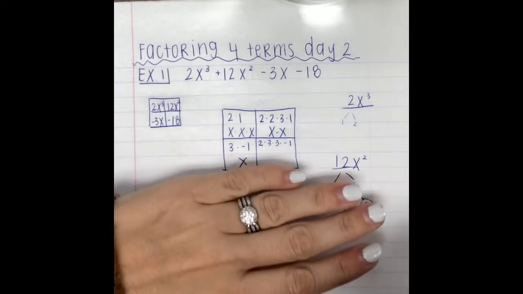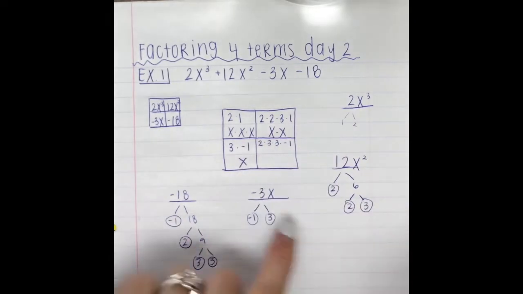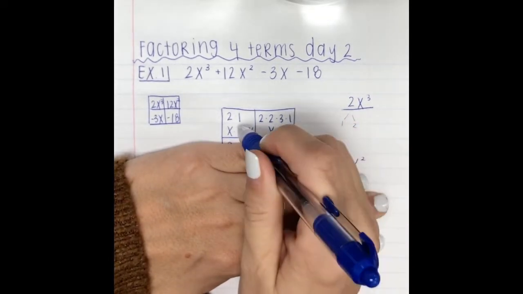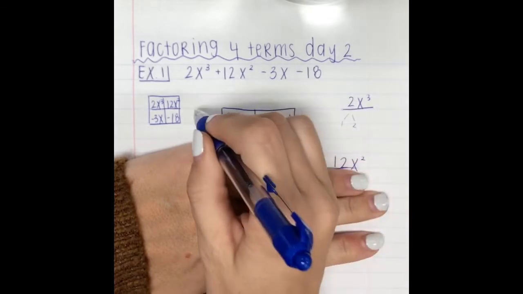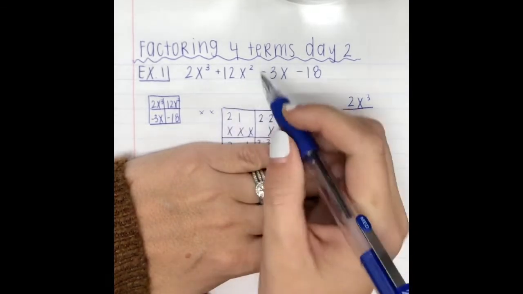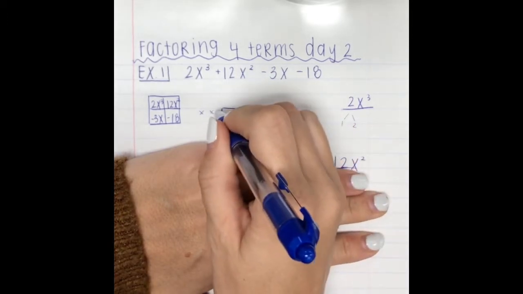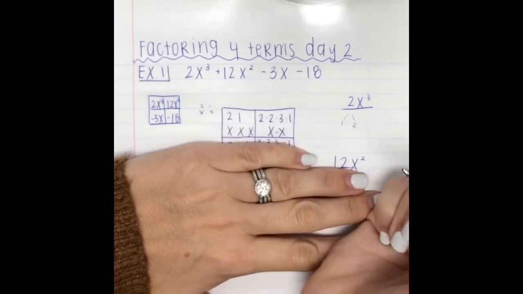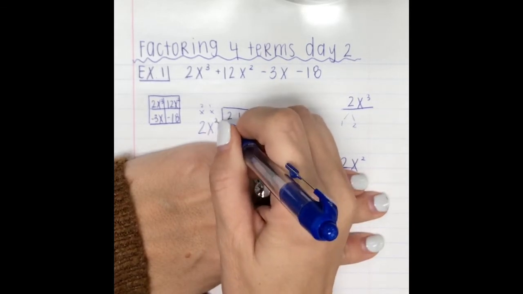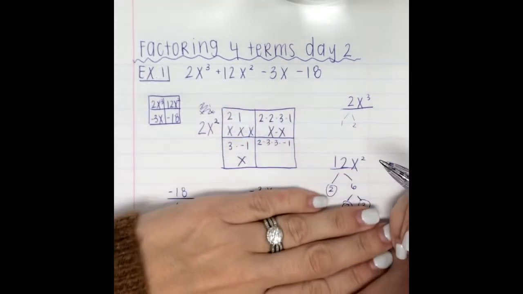So what I'm going to do is I'm going to look at each row and each column, okay? So in this first row, I have 2 x's. And I have a 2 and a 1. So we'll put that here. So we get a 2x squared. Okay, I'm going to scribble it out so it doesn't get confusing.